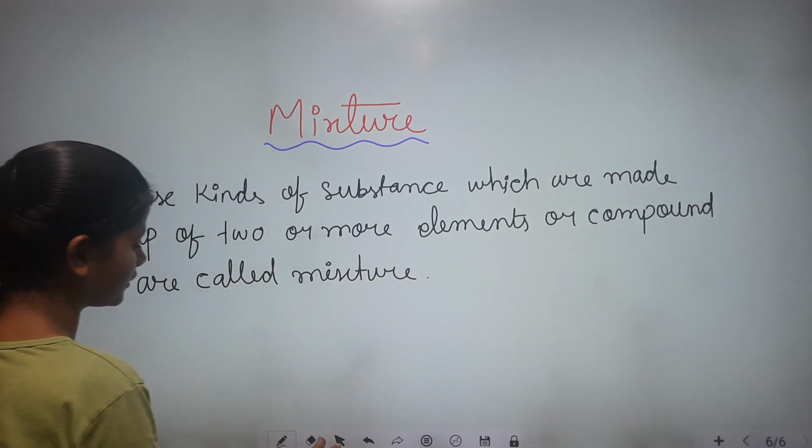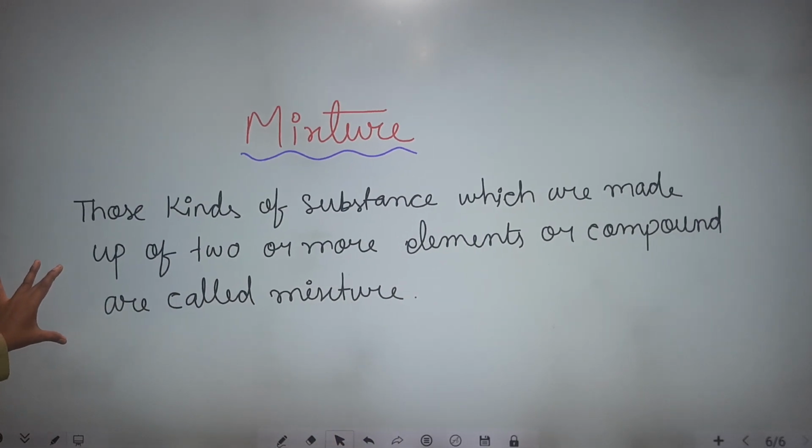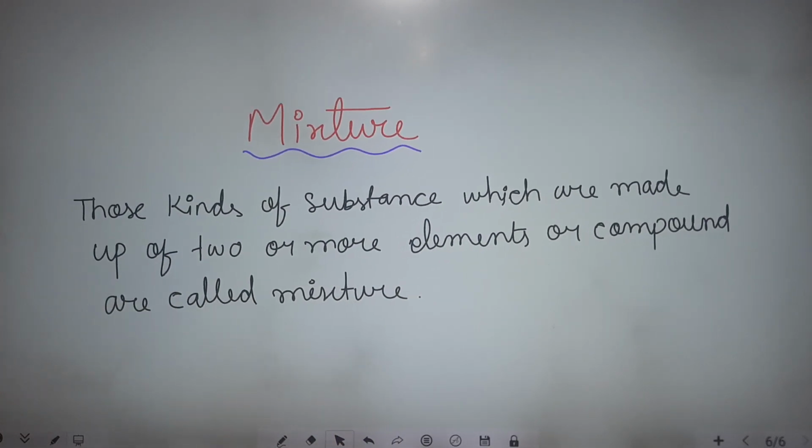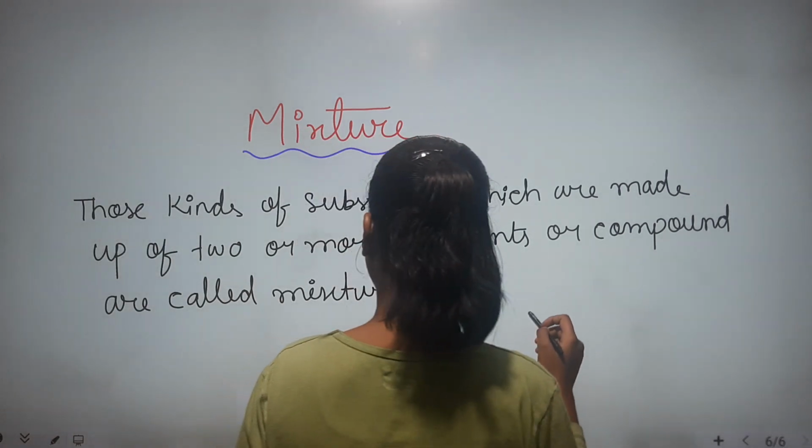Okay. So here, what is mixture? Those kinds of substances which are made up of two or more elements, or we can say compounds, are called mixture.